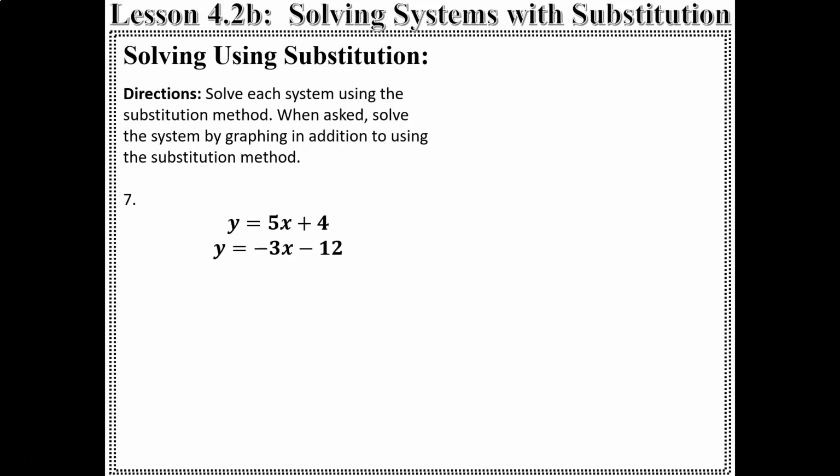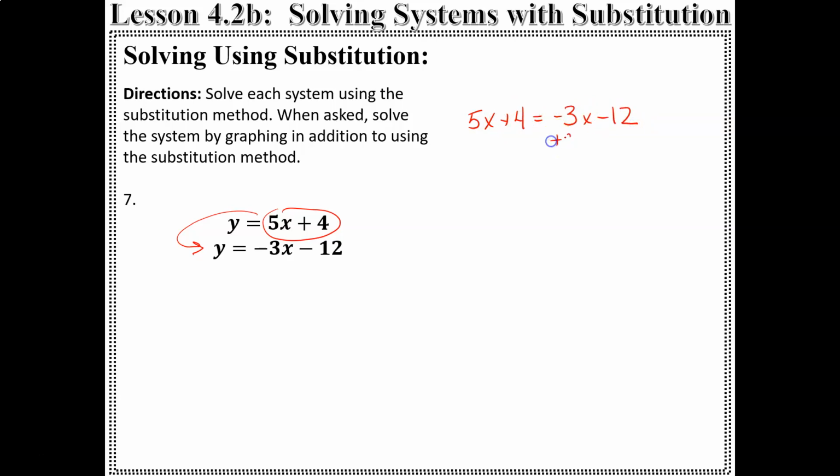So let's solve by substitution. No more shapes. We're done with the shapes. So I have y isolated. I'm going to take what y is equal to, and I'm going to put it in for the y in the other equation. So now I have 5x plus 4 equals negative 3x minus 12.